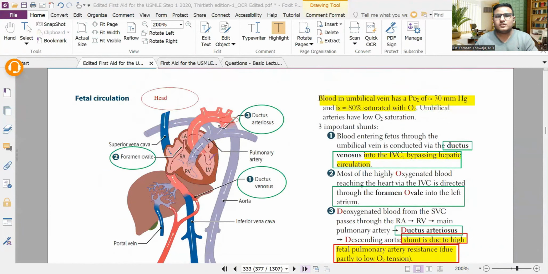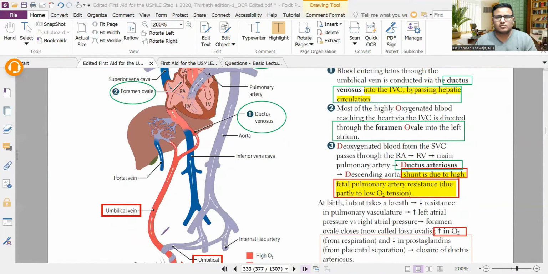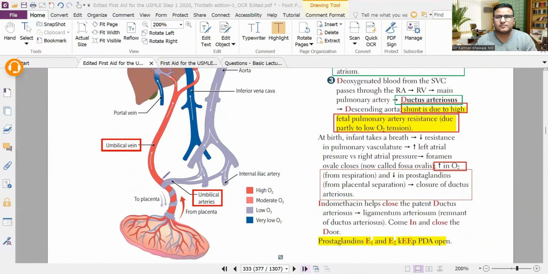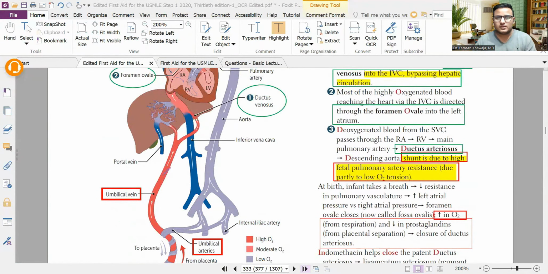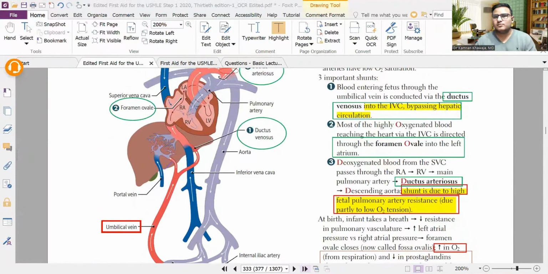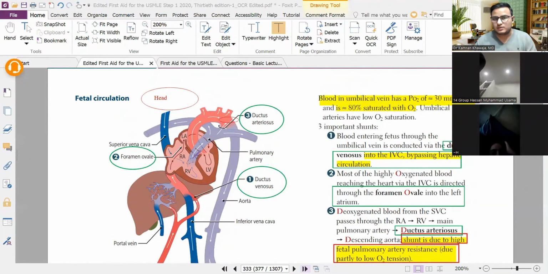Now what are the important points in fetal circulation? The important point in fetal circulation is the ductus venosus. That is one point we should know. First of all, you can see that this is the placenta. The umbilical vein is carrying the oxygenated blood toward the fetus. And this umbilical vein is connected with the inferior vena cava, which is the future inferior vena cava.